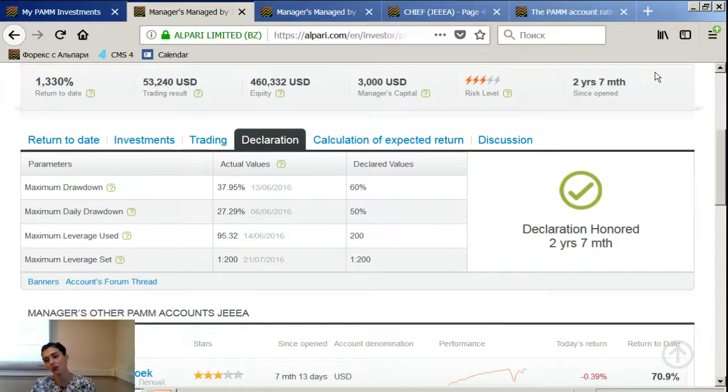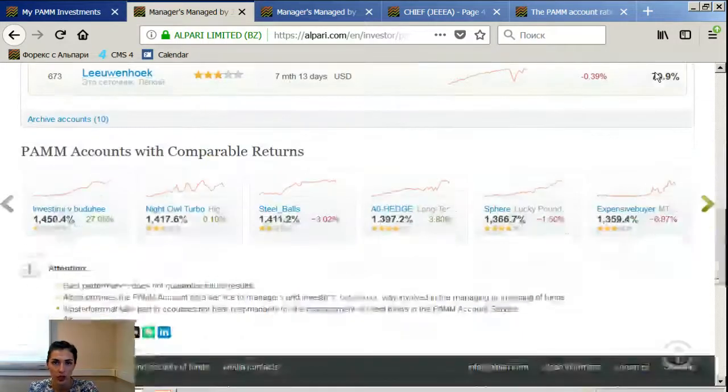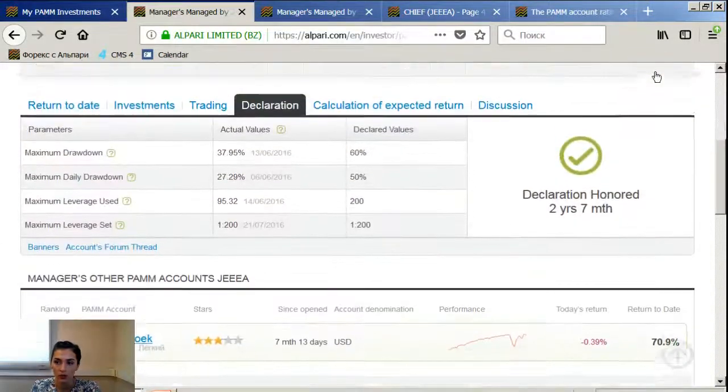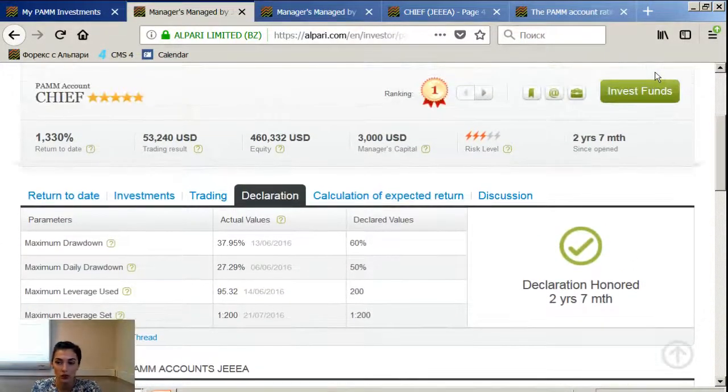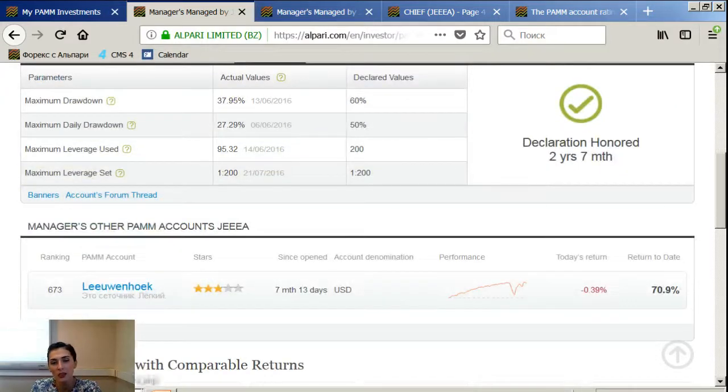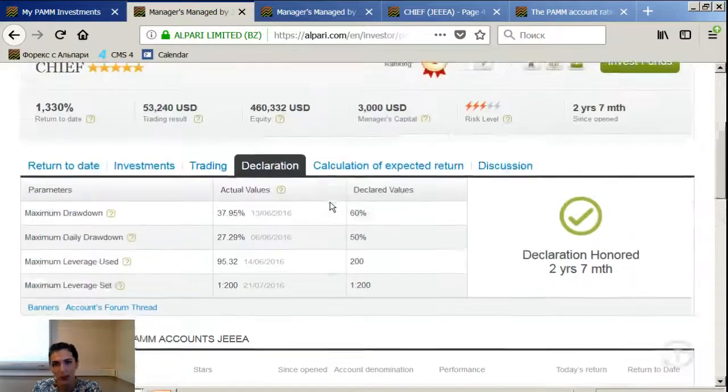If the declaration is honored during a long period of time, that means the strategy is reliable and you can trust this manager. The longer this period, the more reliable the manager's strategy. Also, sometimes managers write some bullet points of their strategies here, but not all do this.